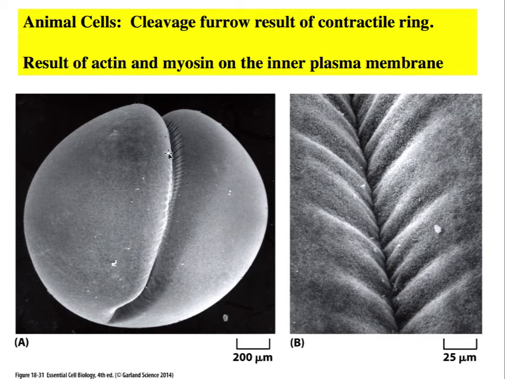A furrow is an indentation. And that on the inside is regulated by a contractile ring. And the contractile ring consists of actin and myosin interacting with themselves, as we learned in the previous chapter, forming a belt which tightens and tightens until the two halves are split into two daughter cells.